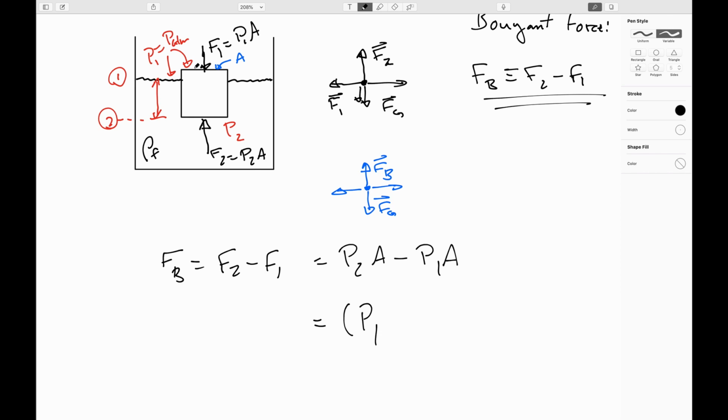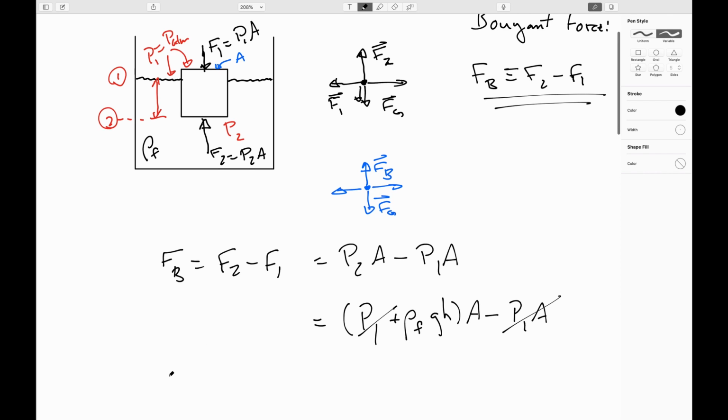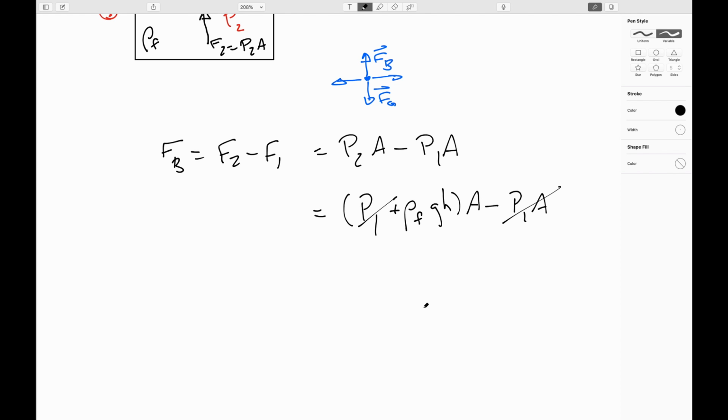Because keep in mind, we're fudging this a little bit. We're saying that both this surface and this surface are at pressure P1, which is basically true. So P1 plus rho fluid g h, times A, minus P1A. So that cancels, and you are left with rho fluid g, and then we got this A h.